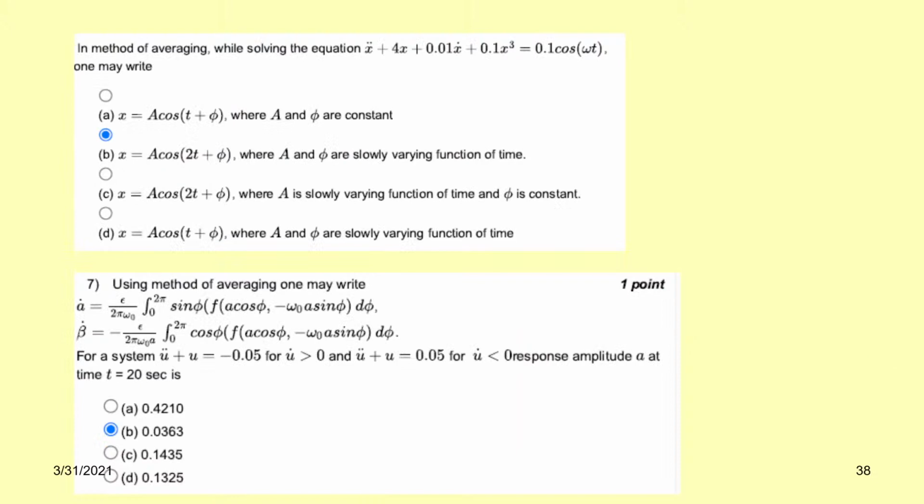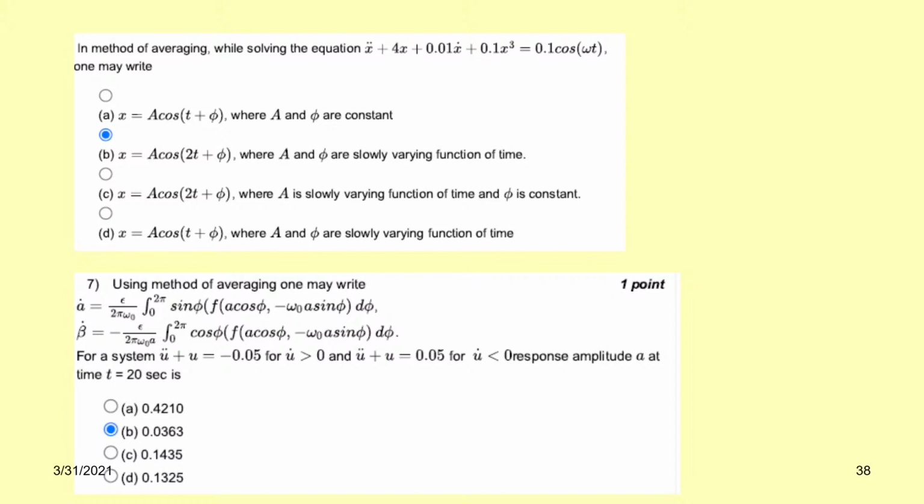Okay, so in method of averaging, while solving the equation x double dot plus 4x plus 0.01 x dot plus 0.1 x cube equal to 0.1 cos omega t, one may write. Unlike the method of multiple scale, where you have the formulation for weak nonlinearity, strong nonlinearity, or strong forcing, weak forcing.